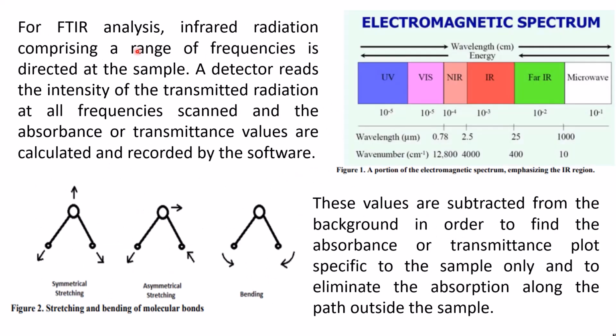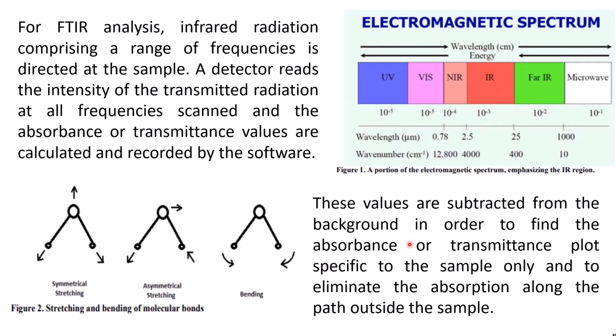Now, for FTIR analysis, infrared radiation comprising a range of frequencies is directed at the sample. The detector reads the intensity of the transmitted radiation at all frequencies scanned, and the absorbance or transmittance values are calculated and recorded by the software. So you have your electromagnetic spectrum here, and then you have the range for your IR region here.